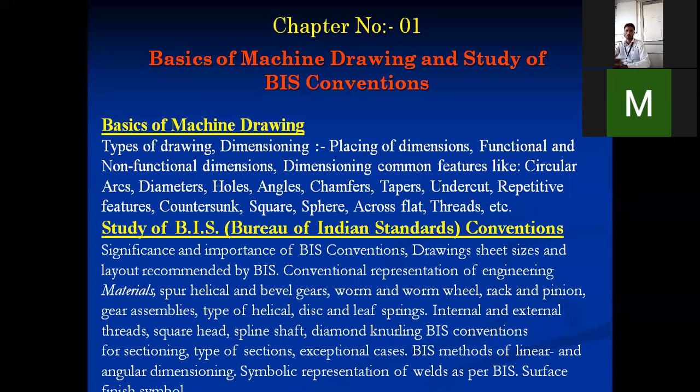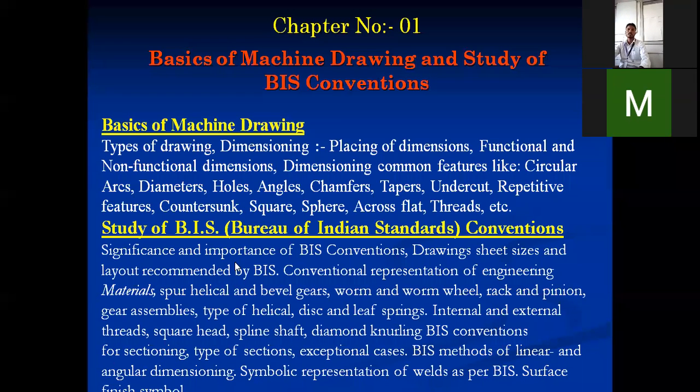That also we have discussed in one of the lectures. We have invested one lecture to understand the different things which are important to give the dimension, and thereafter different types of drawing.